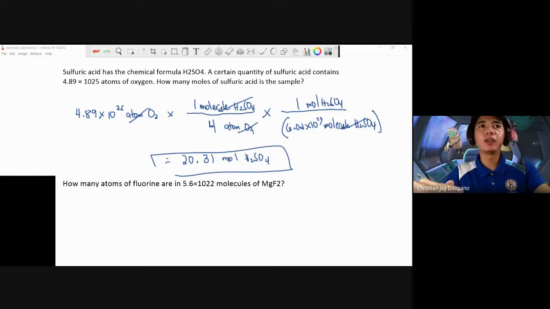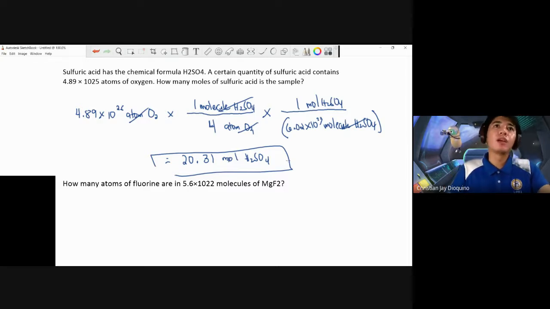Earlier, the number of atoms was given, then we converted it into molecules, then into moles. This time, the molecule is given and we are looking for the atoms. So what do we do? We write the given, 5.6 times 10 raised to 22 molecules magnesium fluoride.